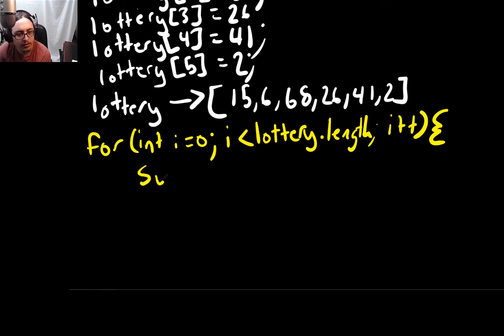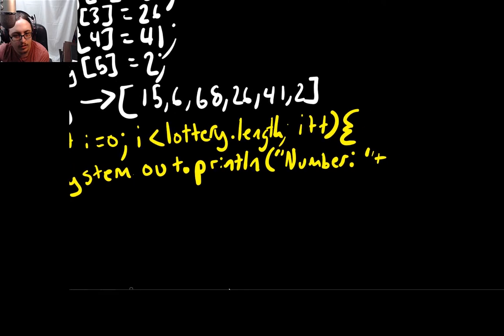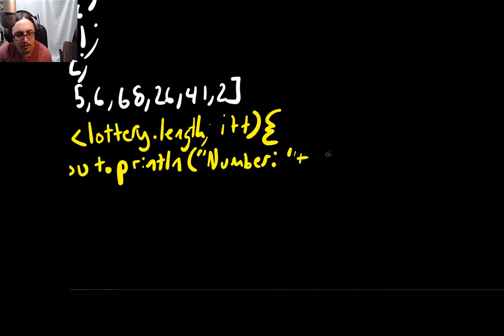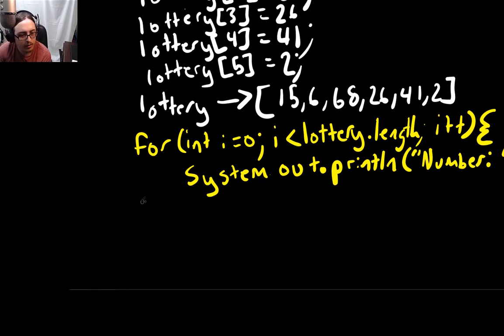And then in here, do something like System.out.println, then we'll do "number " plus lottery[i].